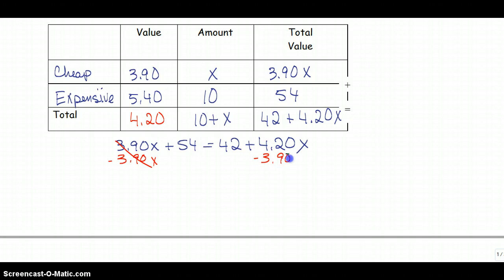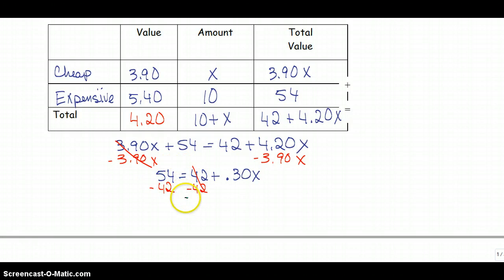I'm just doing that so I'll have a positive number. So now I have 54 is equal to 42 plus 0.30x.